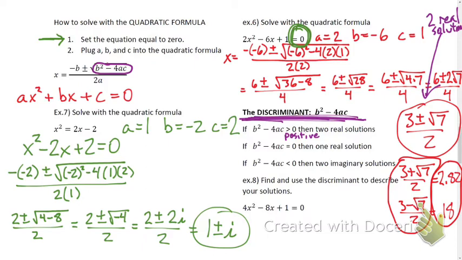The 28 is positive, so you have 2 real solutions. You could get equal to 0. It's kind of redundant there. And then you have 1 real solution. Or you could get a negative, like I did on number 7. And then you have imaginary solutions.